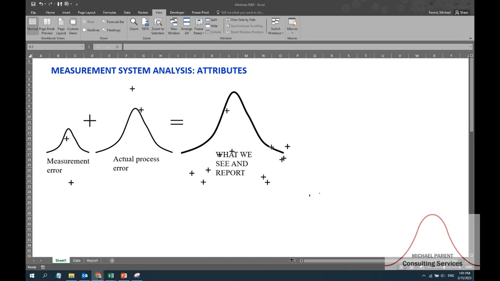And consequently, we'll make bad decisions, such as maybe passing things at the end of your production line that go onto a customer that should have been caught and sent back for rework or scrapped, right? So we protect the customer by having good measurement systems, but also, maybe in some production facilities, we're making a recipe, right? I've worked in rubber manufacturing, and we're mixing different types of process chemicals and additives.